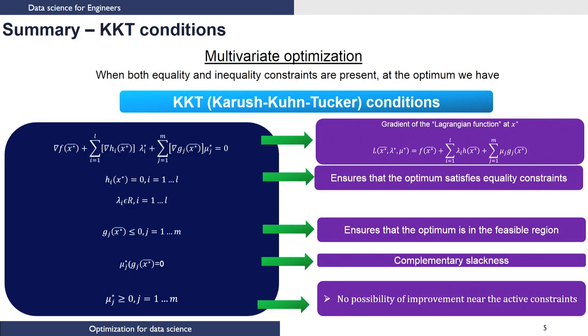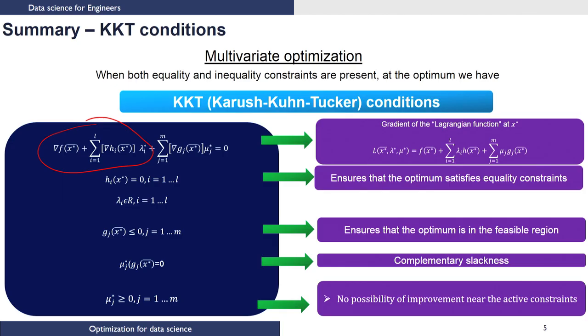Remember, when there were only equality constraints, we had this part of the expression where we had grad of f plus a linear sum of lambda times grad of h for each one of the equality constraints. Now, when you also have inequality constraints, what happens to this equation is, just like how we added a single parameter for every equality constraint, we add a parameter for each inequality constraint.